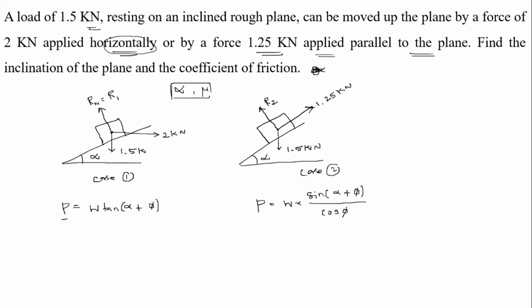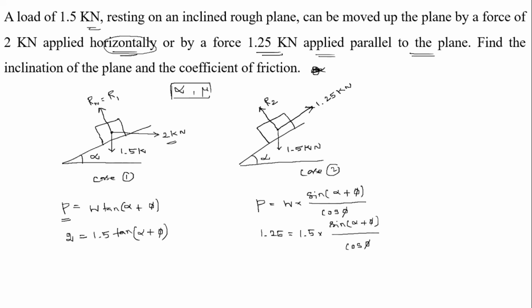Now, P equal to 2, the applied force 2 kilonewton, is equal to W, the weight of the body 1.5 kilonewton, times tan of alpha plus phi, which we do not know. And here P equal to 1.25 is equal to W, 1.5, into sin of alpha plus phi, which we do not know, divided by cos phi.